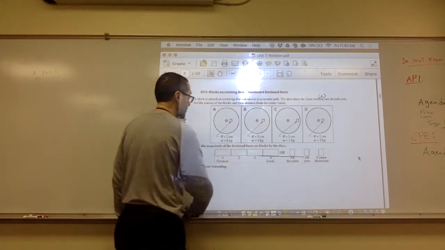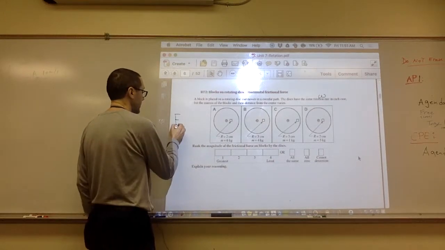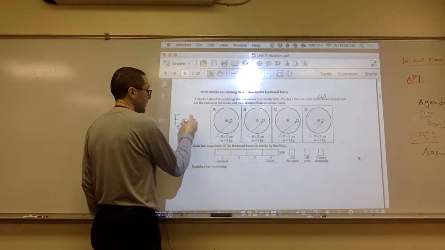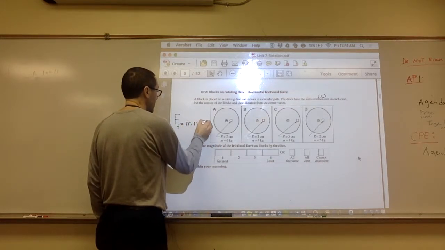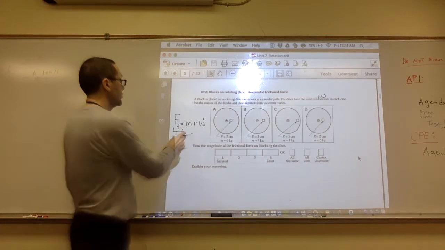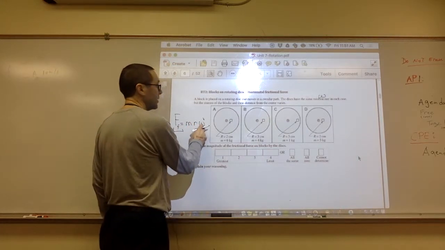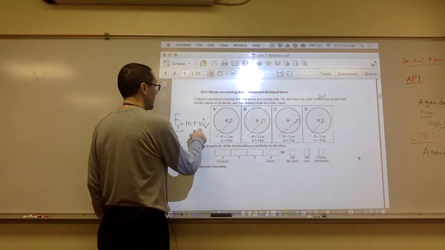So what's keeping the block from sliding out is the force of friction. So the friction force is mv squared over r, which is m r omega squared. So if I want to rank the forces, all I have to do is rank the m r omega squared. They're telling me they have the same rate of rotation, so the omega is the same.